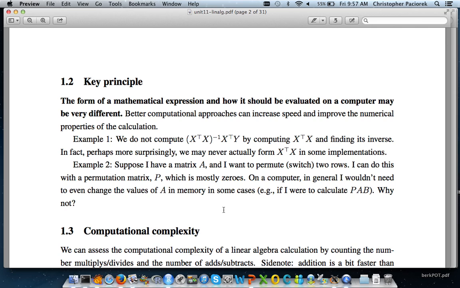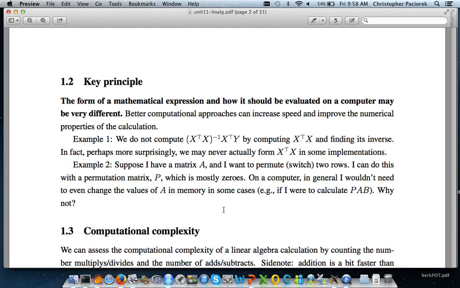The other points I want to make are the key principles as we start out doing linear algebra. The way we write a linear algebra calculation mathematically is in many cases not going to be how we actually carry it out on a computer. If we're actually doing this calculation on a computer, we do not create x transpose x, then calculate its inverse, then multiply the inverse of that matrix times x transpose, and then multiply it by y.